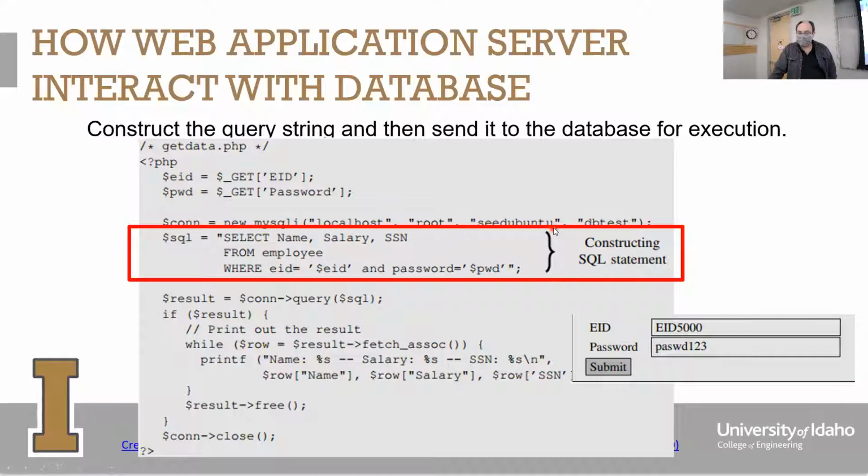I create the SQL query: select name, salary, SSN from employee where EID is EID, and I put it in quotes, and password is password, and I put it in quotes. So it looks like the right request. Then I send the SQL query to the connection and get the result. And if there is a result, I print it out. So I can do name, salary, social security number, row, whatever.